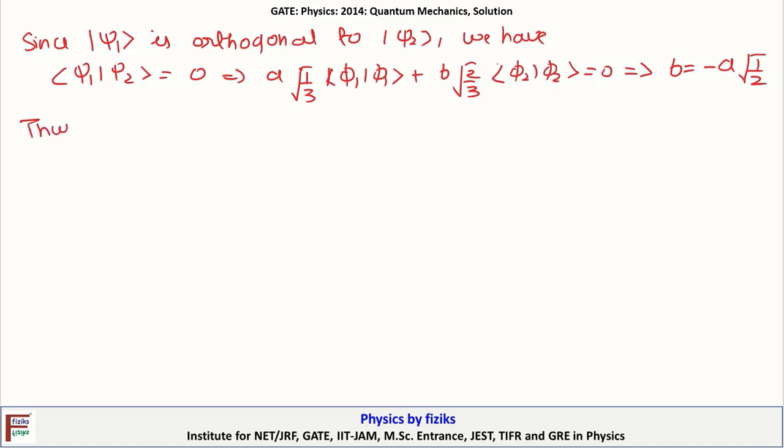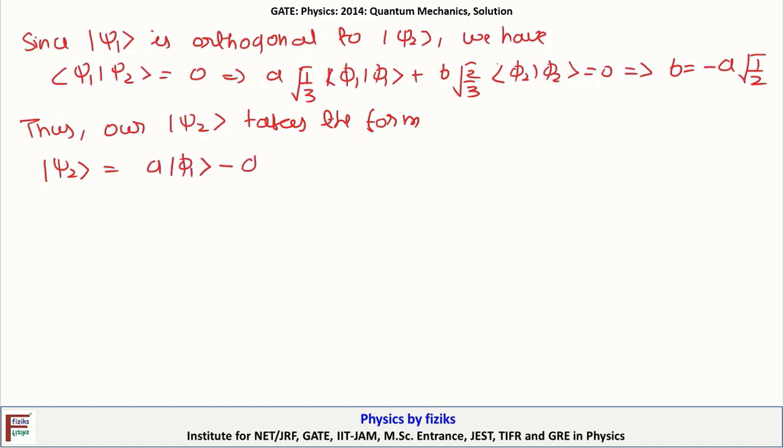Thus our psi 2 takes the form psi 2 is equal to A of phi 1 minus A by root 2 of phi 2.